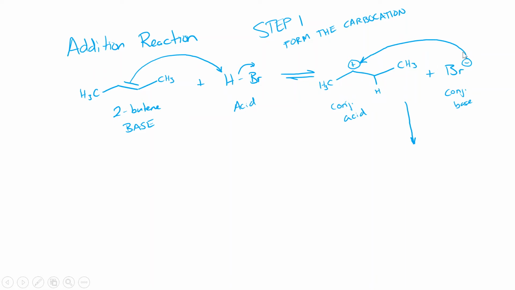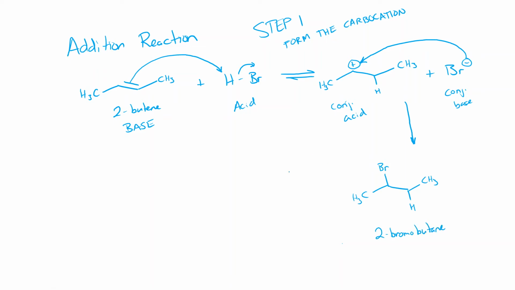What's more interesting is if the Br minus gets attracted directly to the carbocation and we end up with a new sigma bond where that bromine is now attached to carbon 2. And so we make 2-bromobutane as our product.